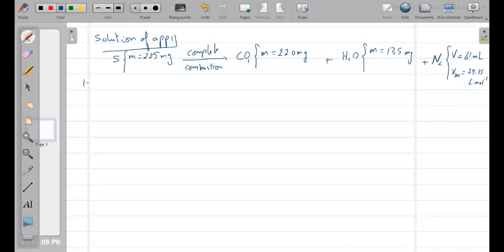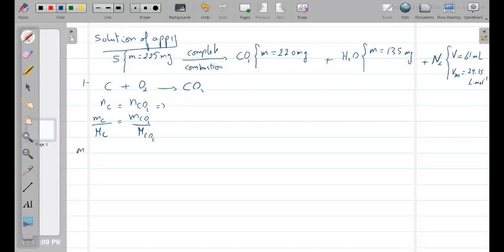1. We should determine the mass and percentage by mass of each element. First, for carbon: carbon plus O2 produces CO2. Then number of moles of carbon over 1 equals number of moles of CO2 over 1. Then mass of carbon over molar mass of carbon equals mass of CO2 over molar mass of CO2.